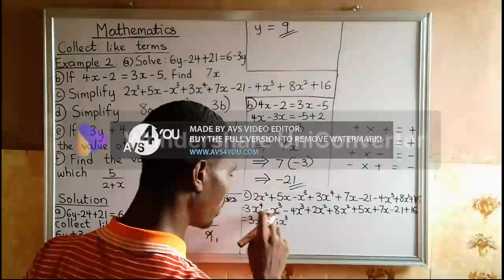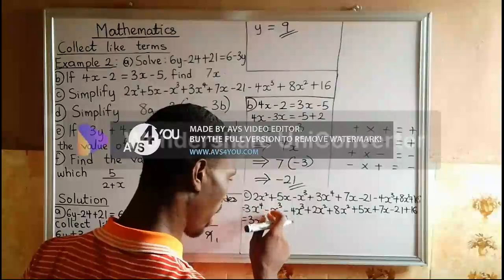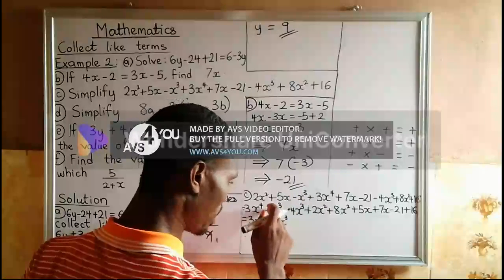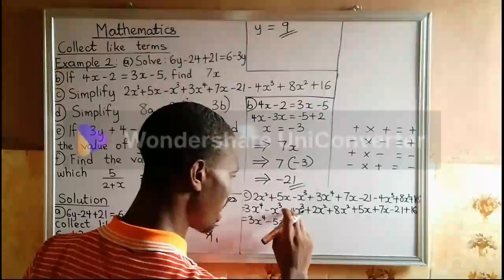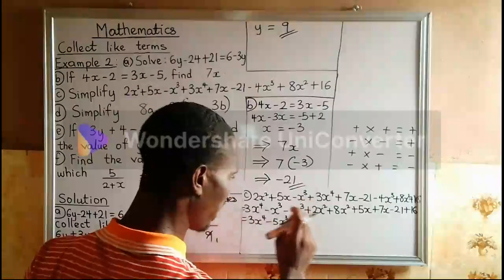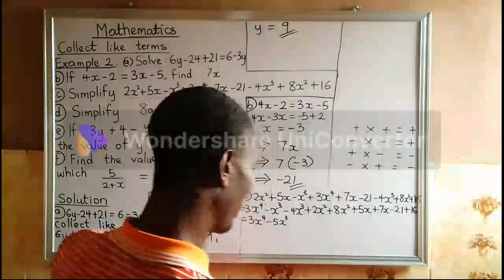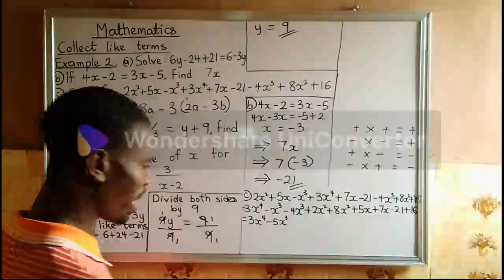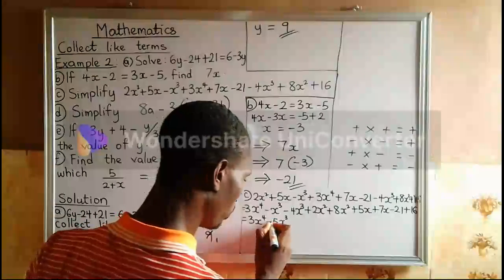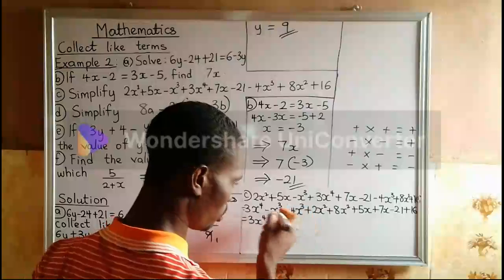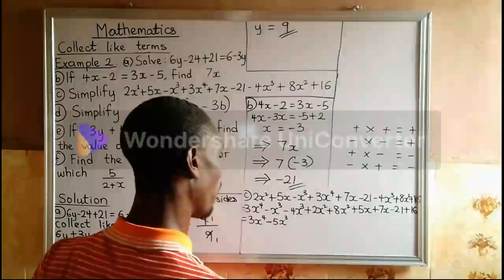I have a debt of 1 naira, that is minus 1x cubed. I still have another debt of 4 naira. So a debt of 1 naira, another debt of 4 naira. So the debt becomes 5 naira. So that is what brings about minus 5. Then the naira actually is x raised to power 3, x cubed.